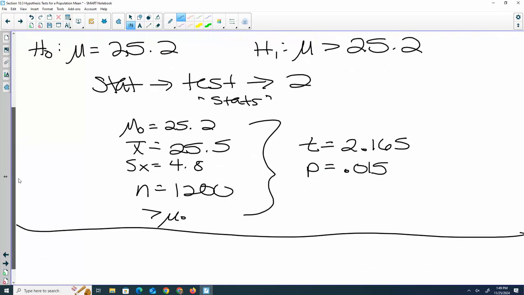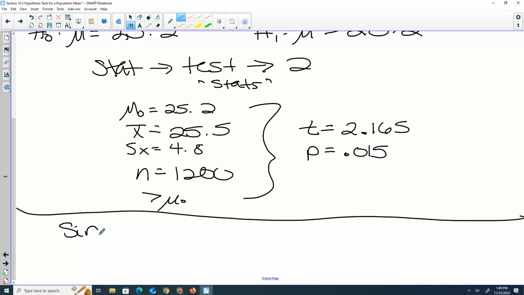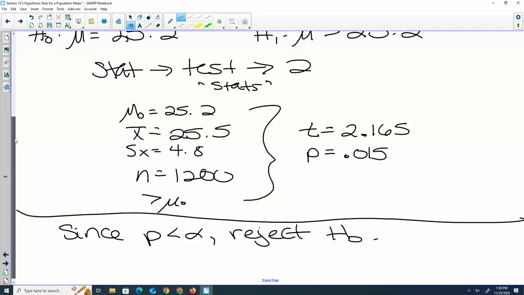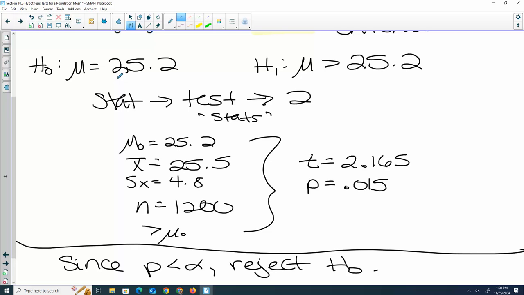So, since P is less than alpha, that means reject. There is enough evidence to conclude that the mean age of a mother with her first childbirth has increased. Now, does this mean a lot? No. Why? The difference is 0.3. Yeah, we're still talking about a 25-year-old.